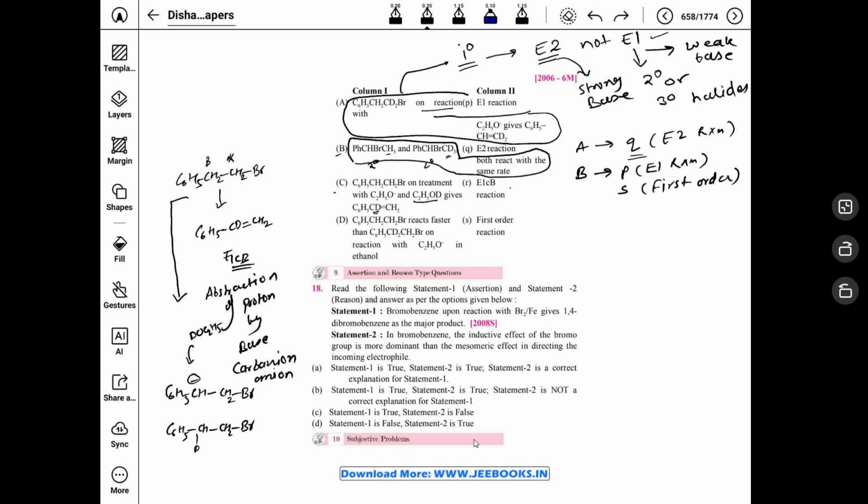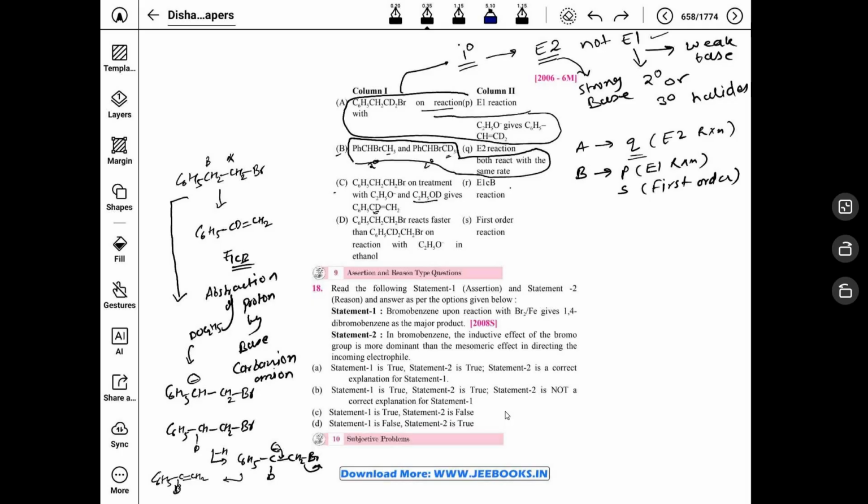After that another proton can be taken away to give this carbanion, followed by removal of this halogen to give this deuterium labeled product.